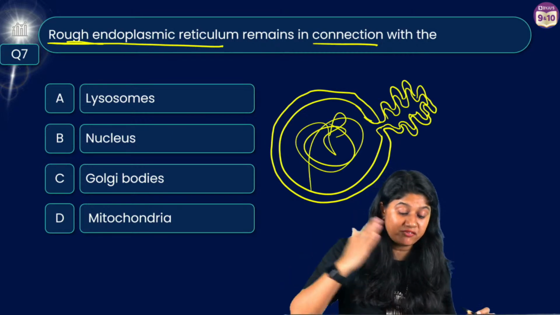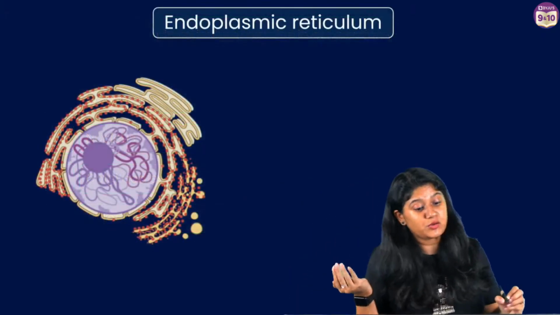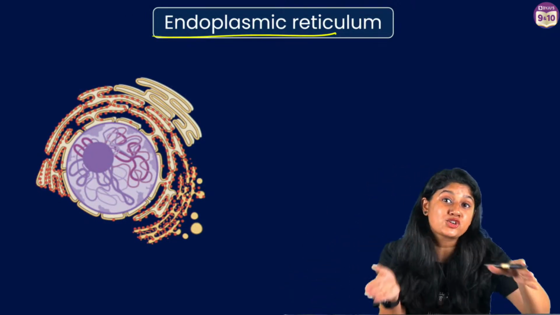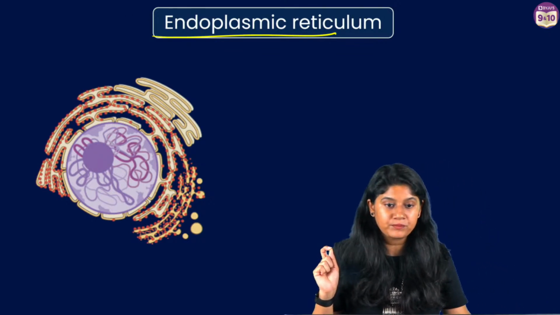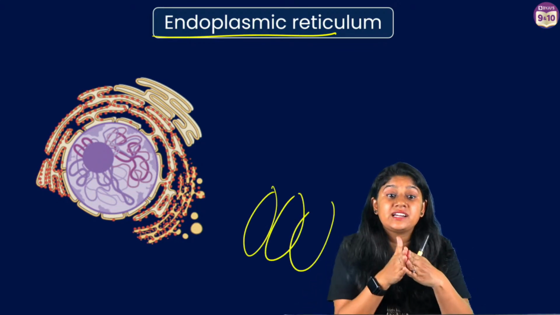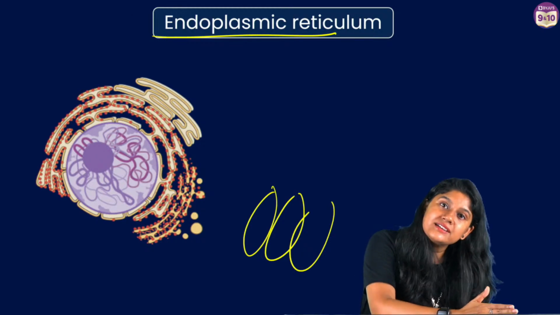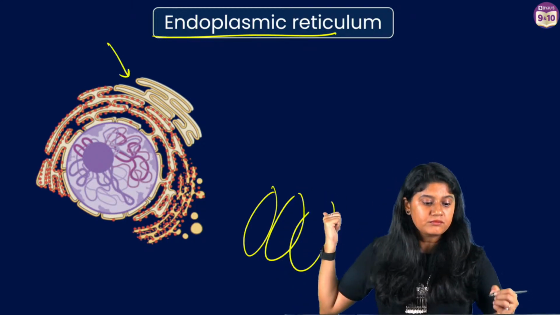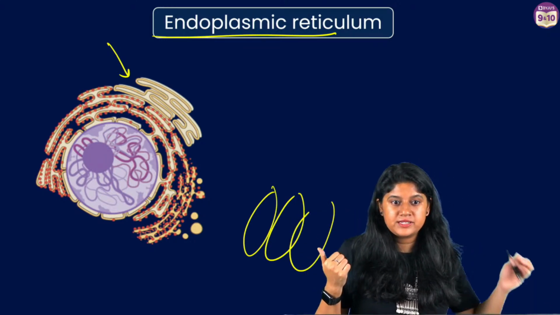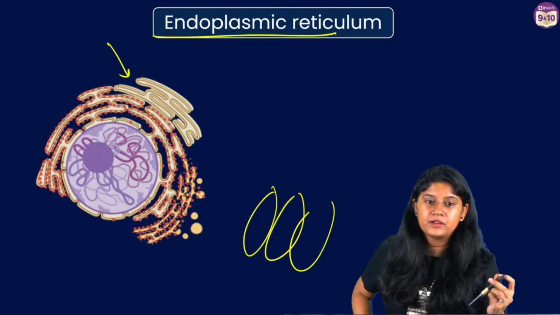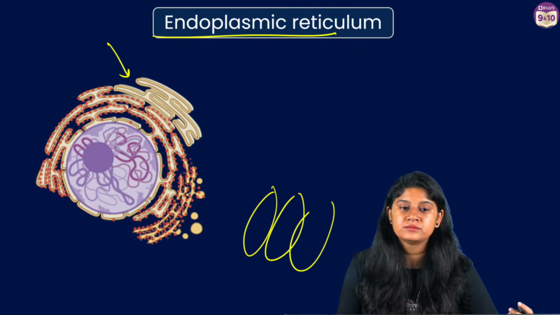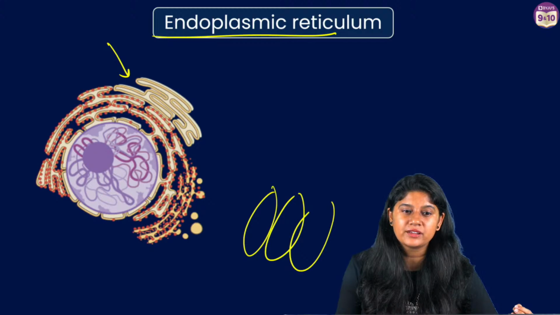We have thread-like particles and very close to it, we have the ER. So the ER always remains in connection with the nucleus, right? Not with the Golgi bodies. Golgi bodies will be still a little bit far off. They're not connected. But the nucleus and the ER, especially the rough ER, are in very close connection. Yes, everyone clear? Imad, Ria, Bani, very good. Yes, Aditya, Simran.